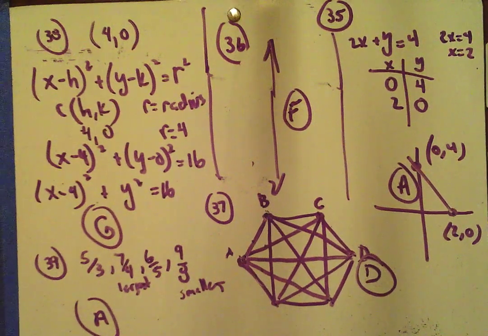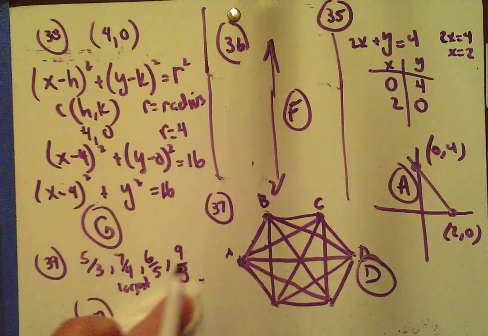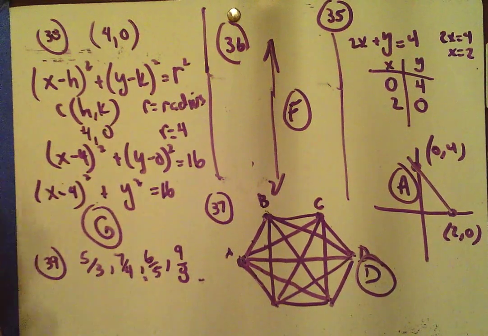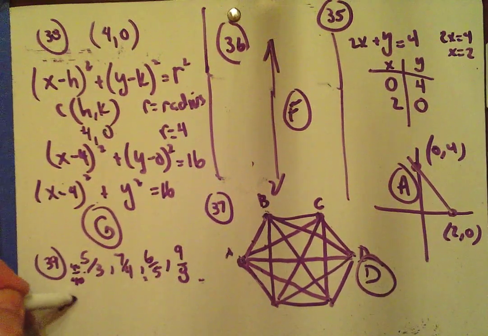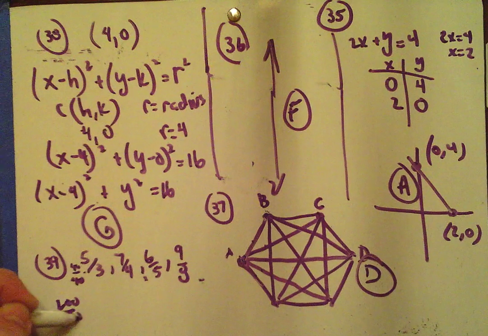Otherwise, we have to make a common denominator for all the fractions, which would be 120. Yes, 120. And I don't really want to take the time to make a common denominator for all the fractions. All right, I guess I will. Here I have to multiply by 40 over 40, so that's 200 over 120.